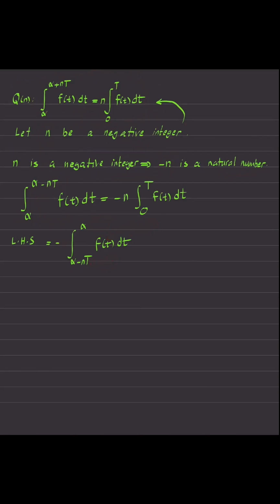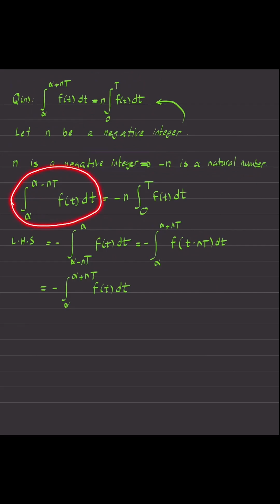So then it becomes minus integral from alpha to alpha plus nT of f of t minus nT dt. But again, because minus n is a natural number, I am adding a natural multiple of the period to the function whose period is T, so this is nothing except f of t again. So then it becomes minus integral from alpha to alpha plus nT of f of t dt.